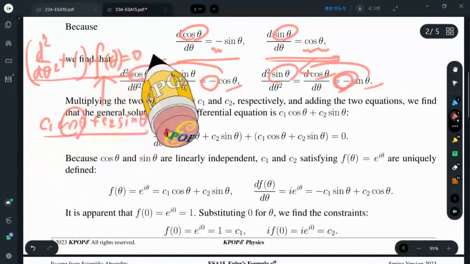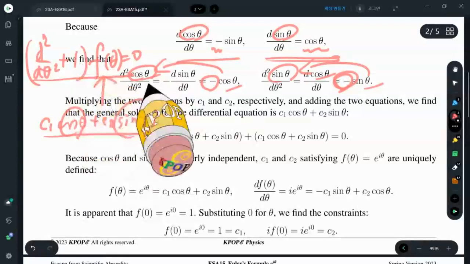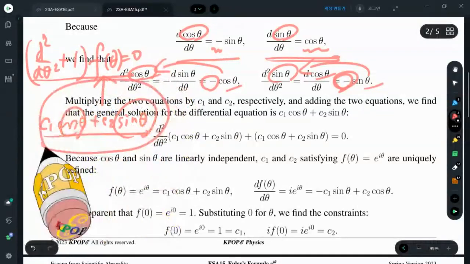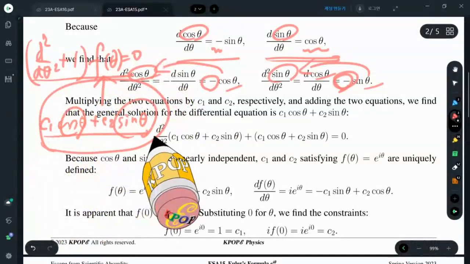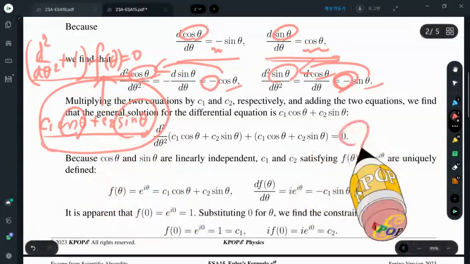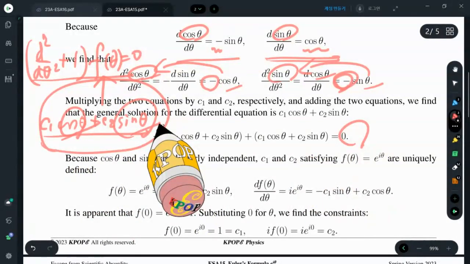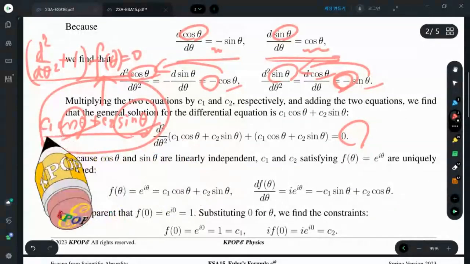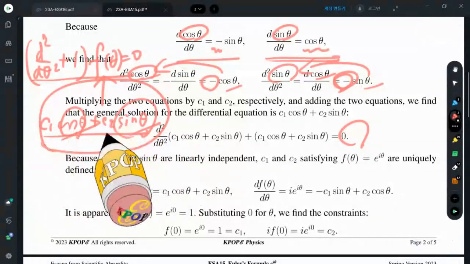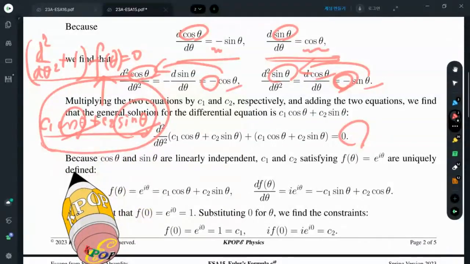Because this one gives a 0, this one also gives a 0, the linear combination of cosine and sine will also give 0. Therefore, we can say these two can be used in a linear combination to construct the general solution.